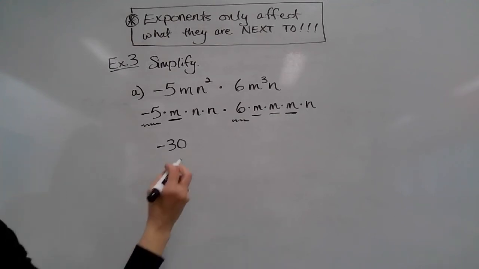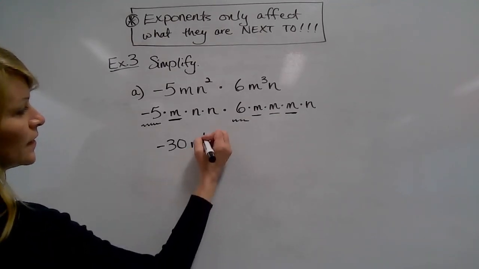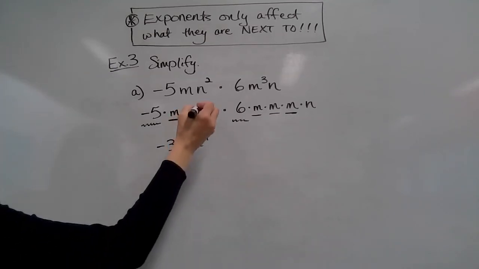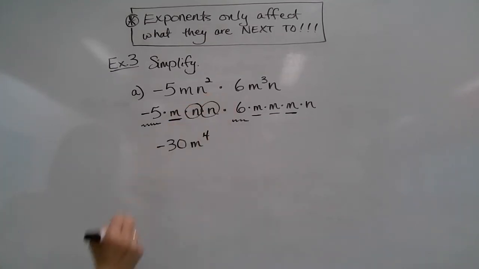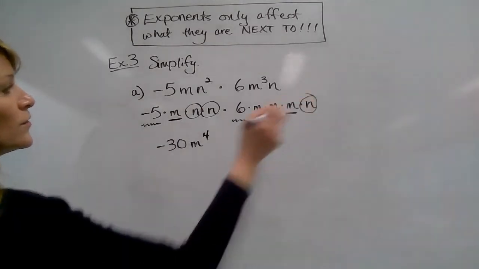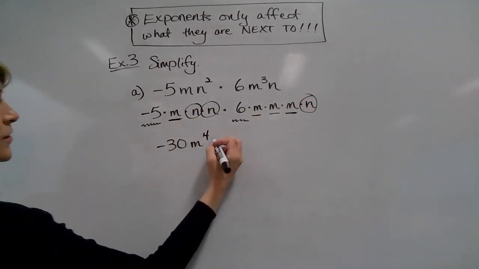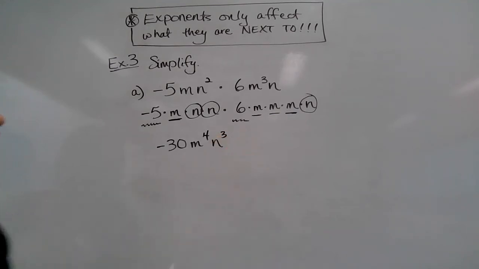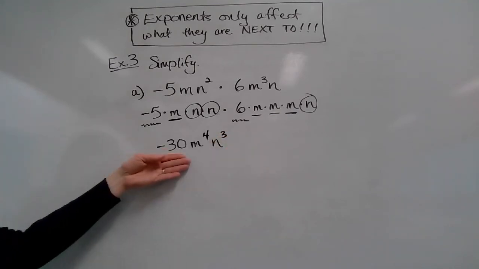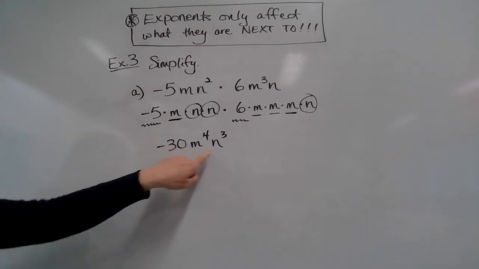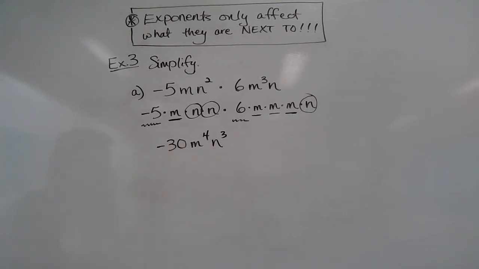There are 4 of them being multiplied together. And then we have our n's. 2 of them on this side, 1 over here, but it's all just multiplication. So that is n to the 3rd power. So when you're finished, your number should be in front, variables in alphabetical order, and just remember the exponents only affect what they are next to.